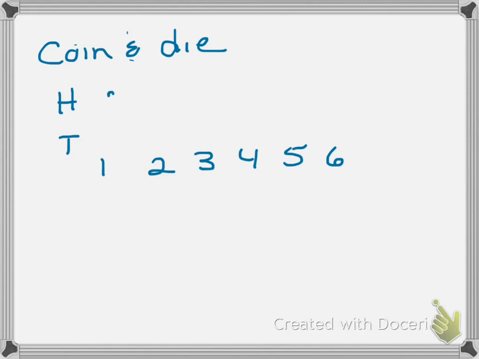I can get a heads and a 1 and a tails and a 1, a heads and a 2 and a tails and a 2, heads and a 3 and a tails and a 3, heads and a 4 and a tails and a 4, a heads and a 5 and a tails and a 5, a heads and a 6 and a tails and a 6. So I have a total of 12 different possibilities. My sample space is 12.